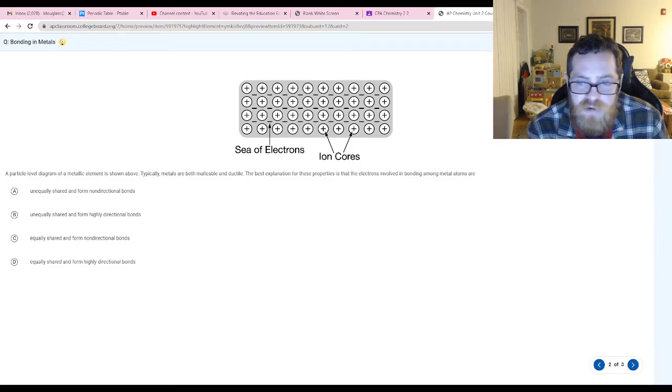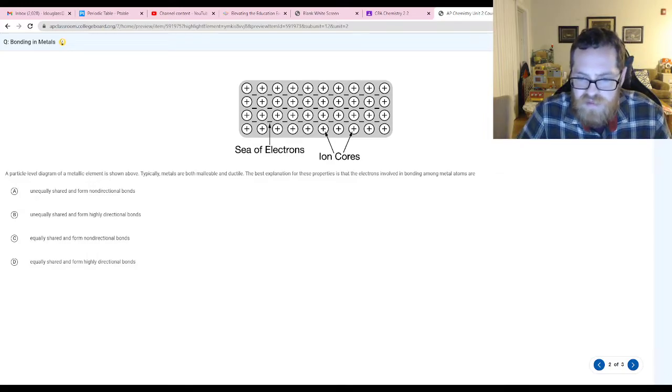However, we also have our ductility. It can be drawn out very thinly. This would again speak out against highly directional bonds. I'm going to finish this one in just a second.